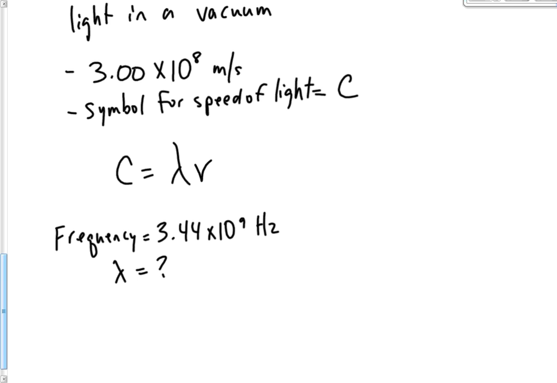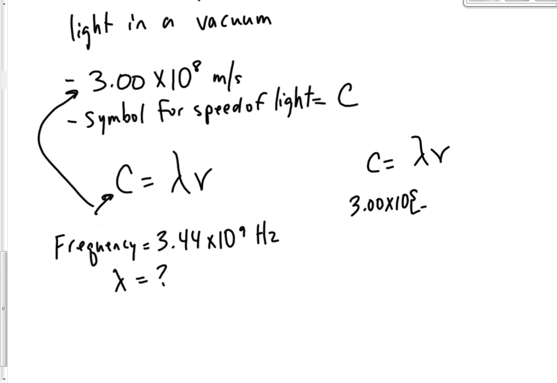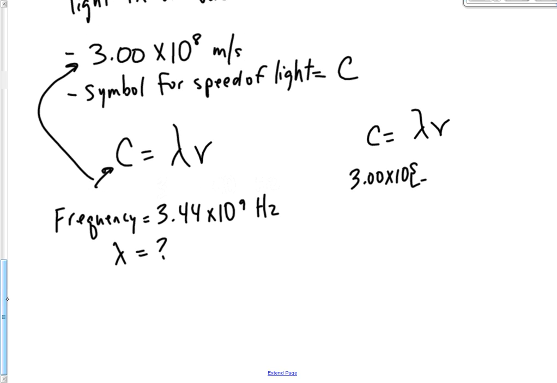We already have C right there. It's the speed of light. So over here, C equals wavelength times frequency. So 3.00 times 10 to the 8th equals the wavelength times the frequency, which was 3.44 times 10 to the 9th.